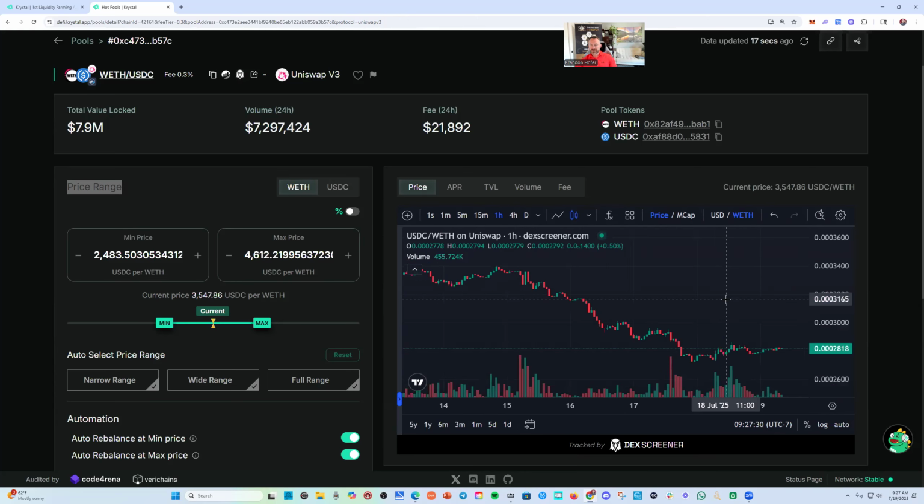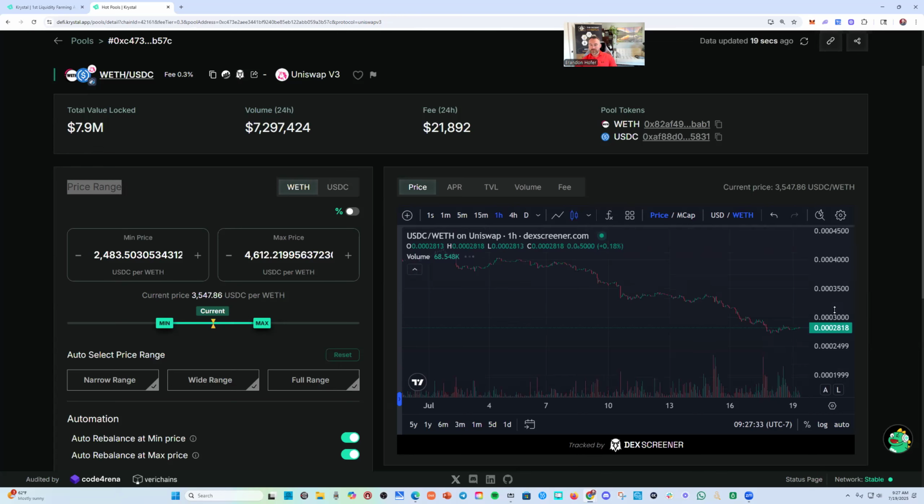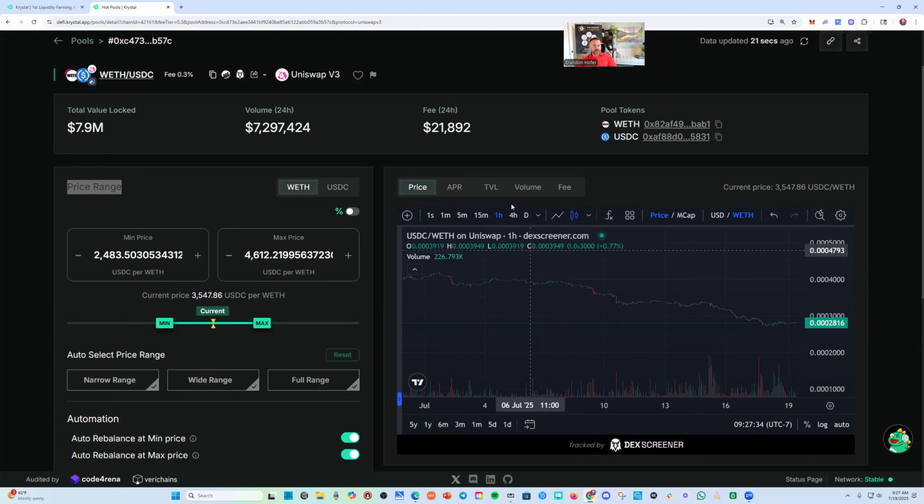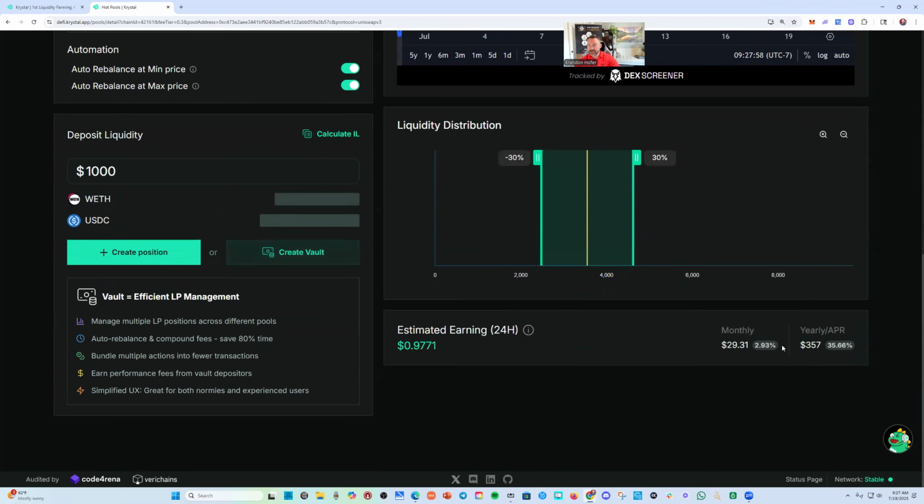Now, the default is based on the price action over the last 30-ish days or so. So it's just going to give you a suggested range. You don't have to take this suggested range. And typically it will give you a suggested range where the current price is exactly in the center, meaning the ends are equidistant from the current market value. And then down here, it'll give you that estimated APR.